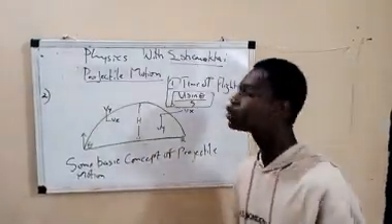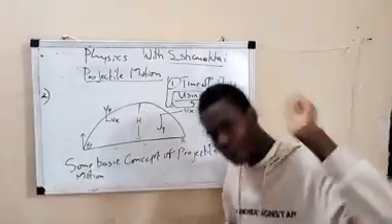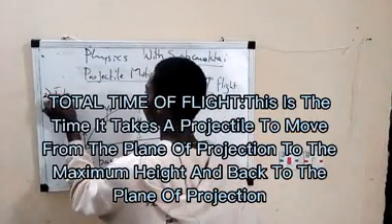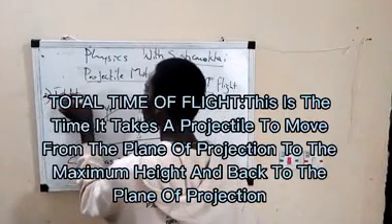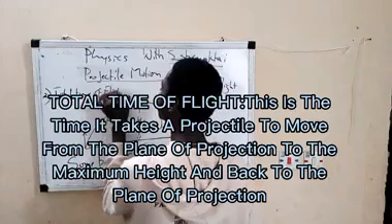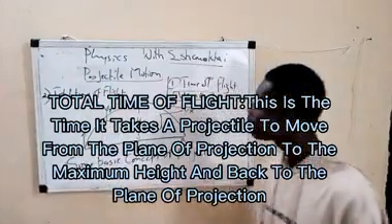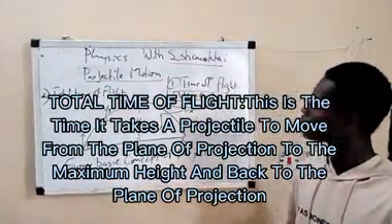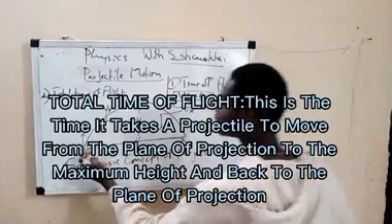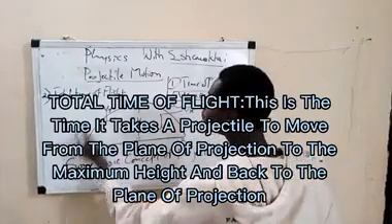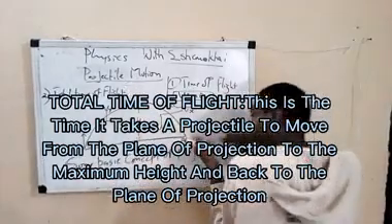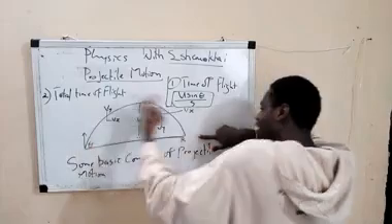Number two is total time of flight. Now, total time of flight is the time it takes an object to move from its plane of projection to its maximum height and back to the plane of projection, back to its starting point.